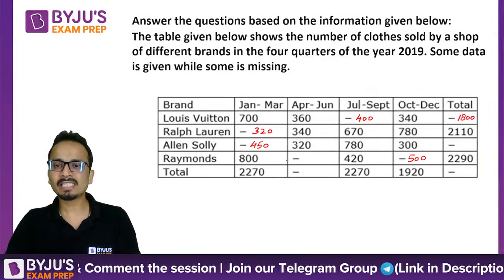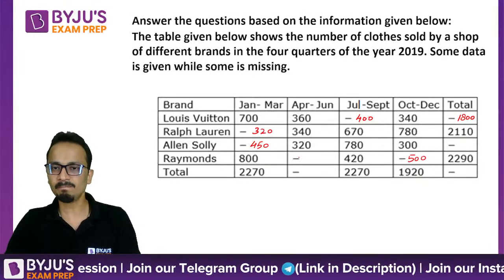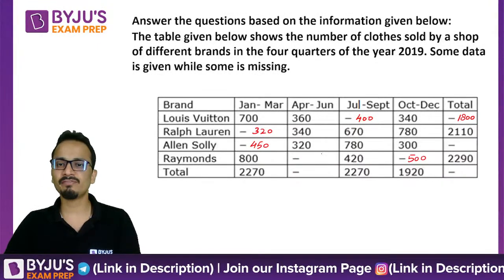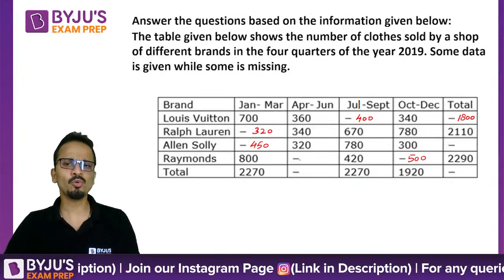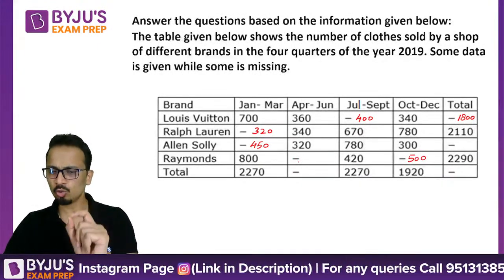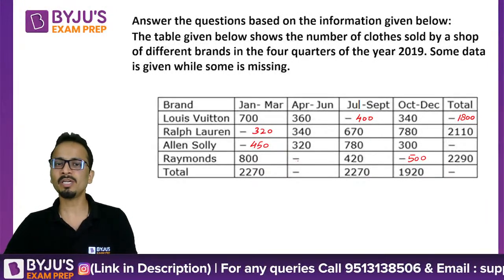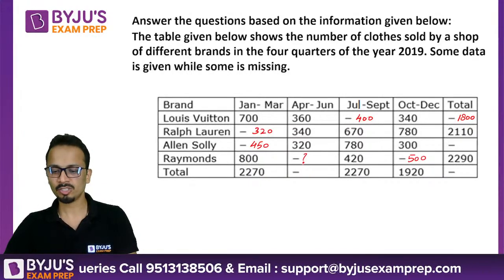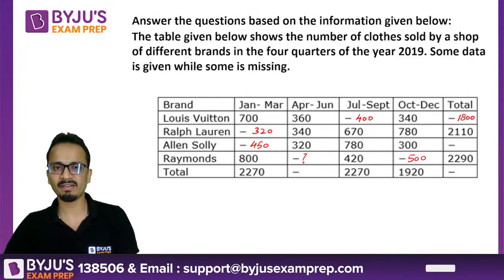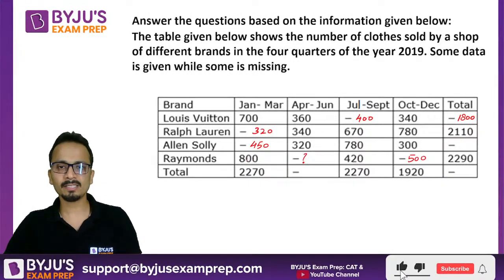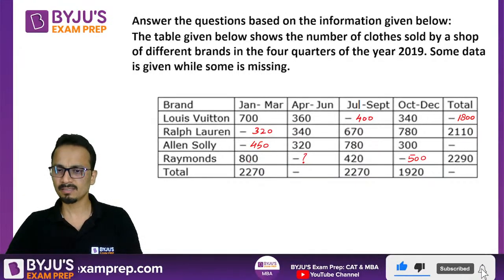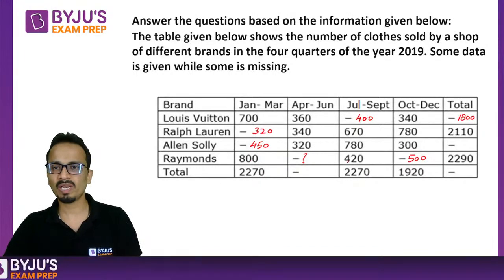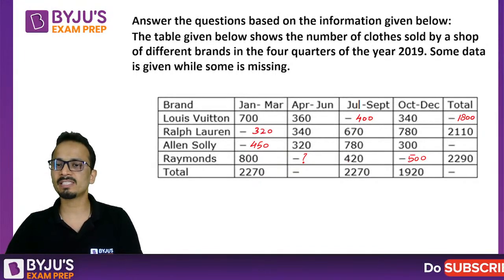Okay. Now next is for Raymond's once again. Horizontally, if I check, I need the value of Raymond's for the April to June quarter. That means this value where I have put the question mark. Yes, all of you can post your answer. 800 and 400, 1200, 1200 and 500, 1700.